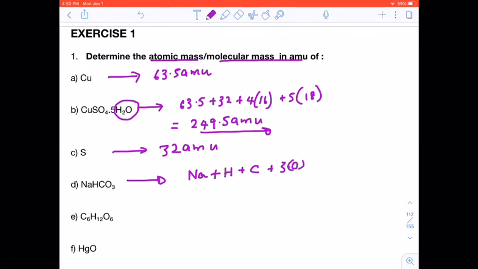So if we want to find out what is its atomic mass unit, we know that's 23, we know that's 1, we know carbon is 12, and we know oxygen is 16, right? But we got 3 of it, so it's 3 times 16. And what does that give us? That gives us 84 atomic mass units. So one molecule or one formula unit, right?